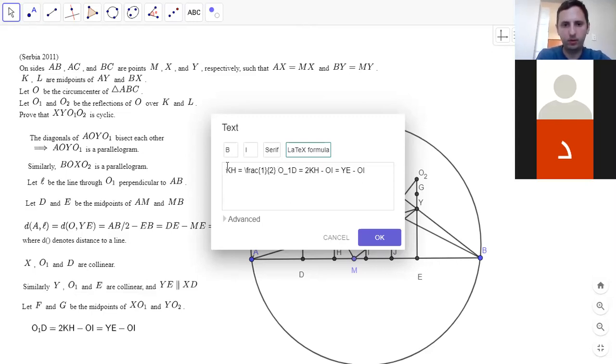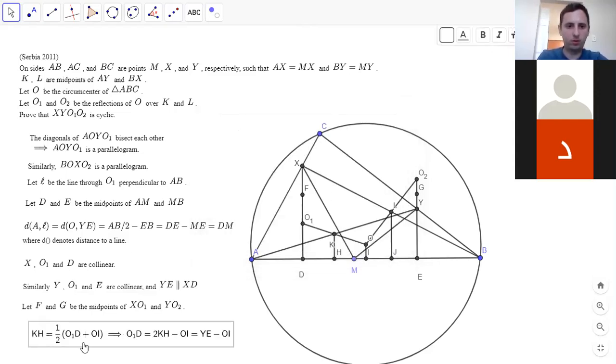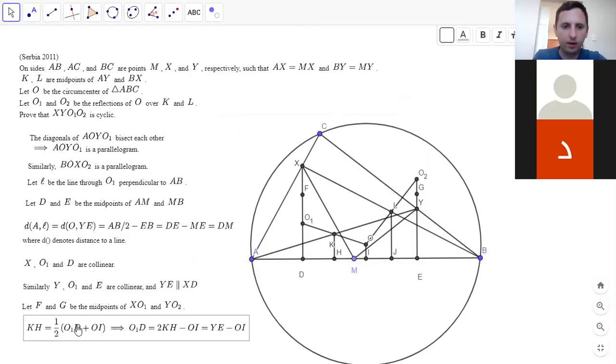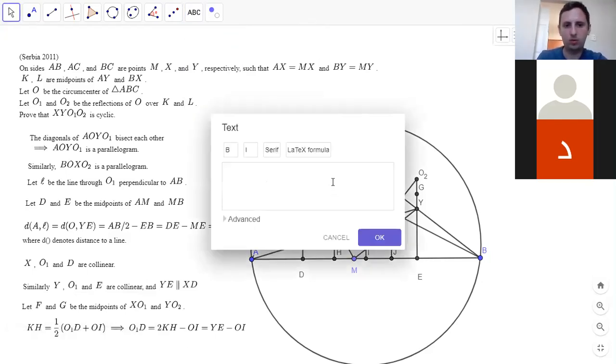Write like this. And then similarly, O2E is XD minus OI.